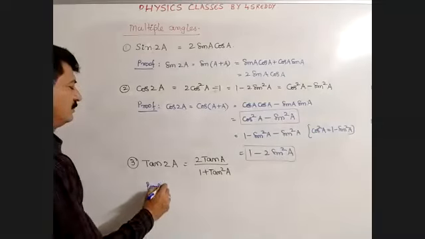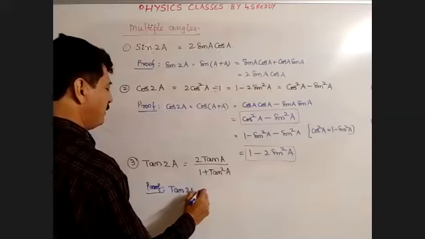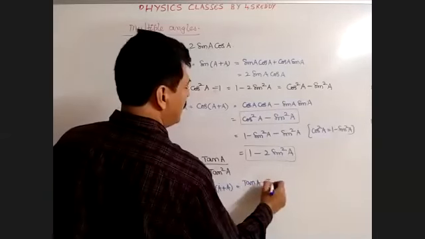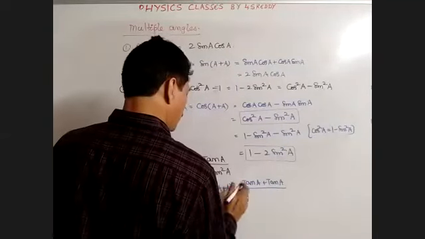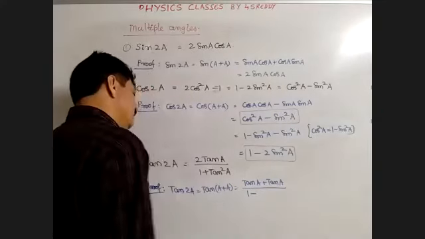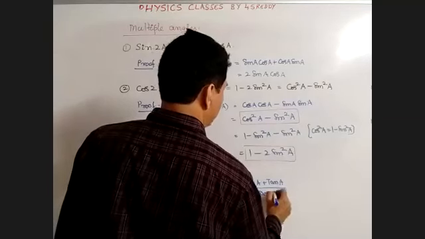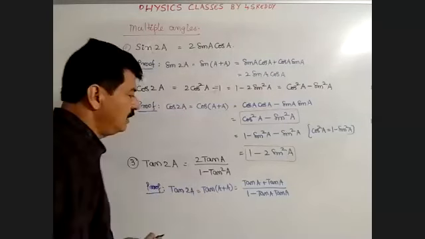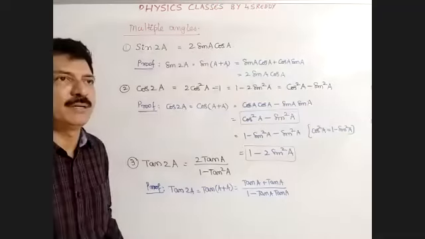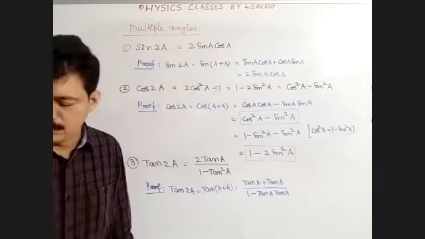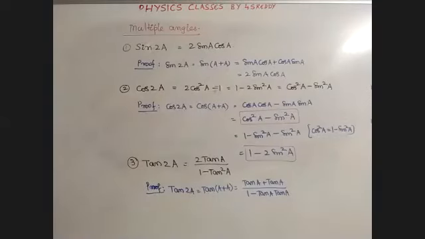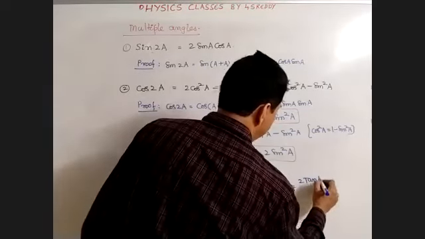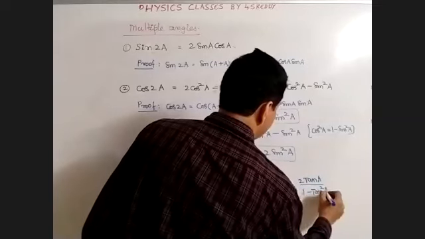Proof: tan of 2A is tan of A plus A. Tan A plus tan A by 1 minus tan A tan A. This becomes 2 tan A by 1 minus tan square A. Tan A plus B is tan A plus tan B by 1 minus tan A tan B. Got it?